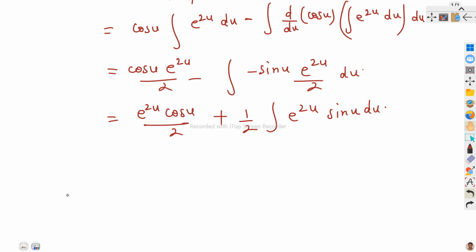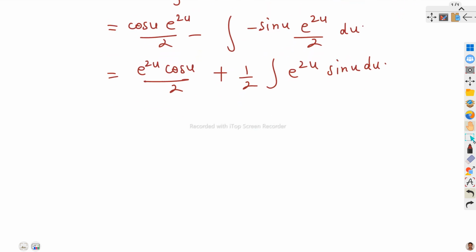Again we can write this integral using integration by parts. We take this as the first function and this as the second function.